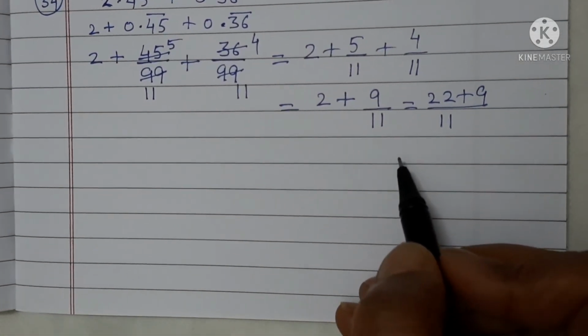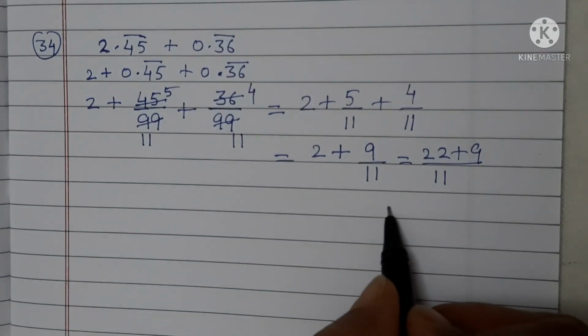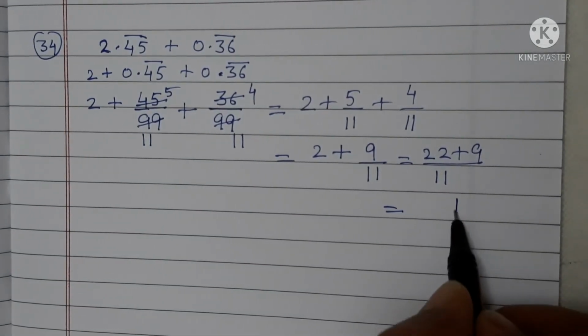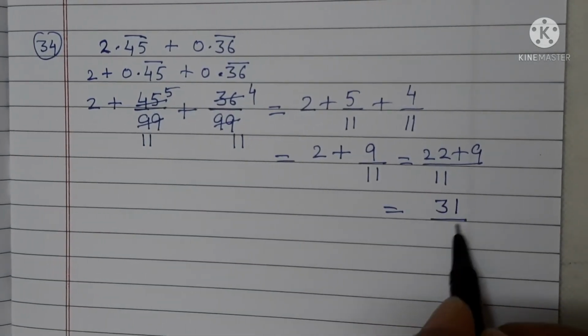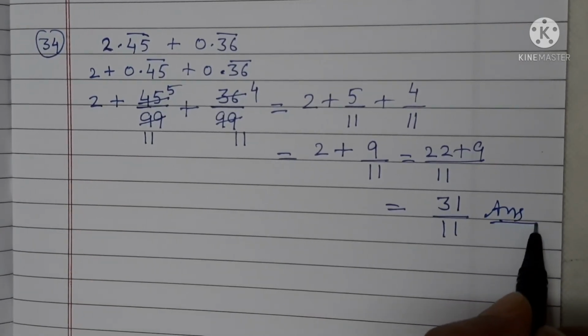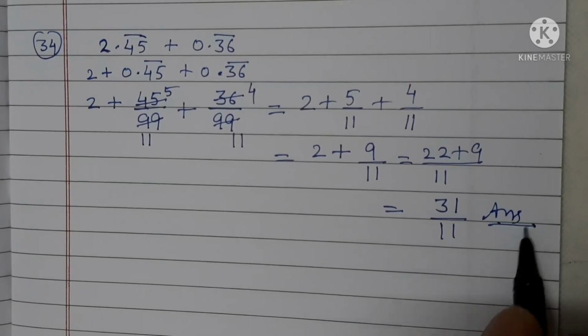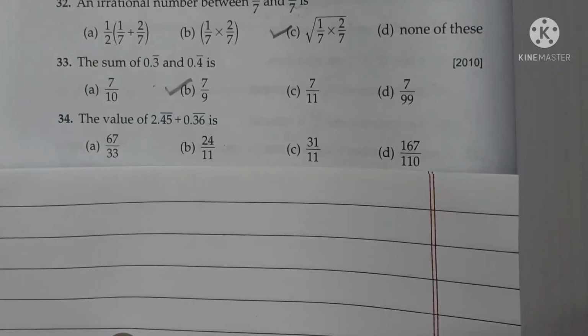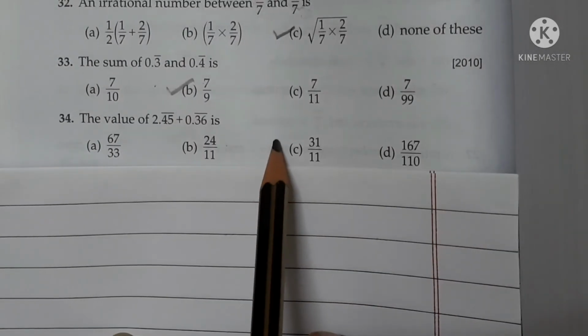Now this becomes 31 upon 11. Answer. So our option C is correct. Tick the option C.